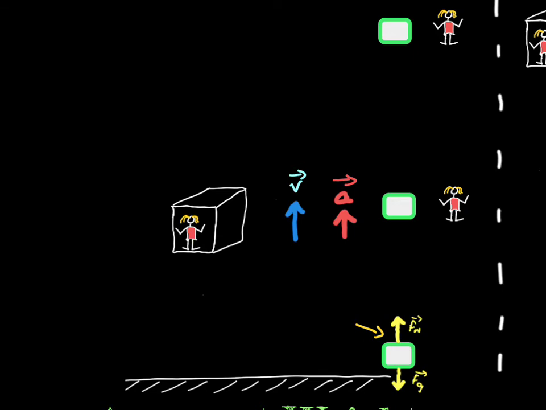In this case, that means there's an unbalanced force in the upwards direction, so we need to account for that. The person will still have Fg, the force of gravity still acting on the person, but they're accelerating upwards, which means the forces are not balanced. So in that instance, this Fn value is going to be much bigger.